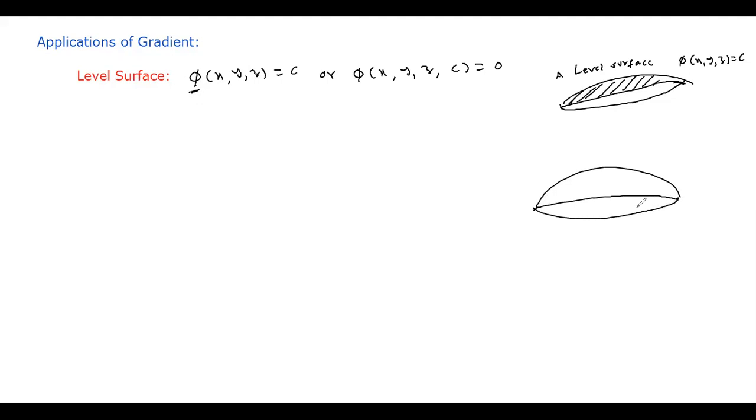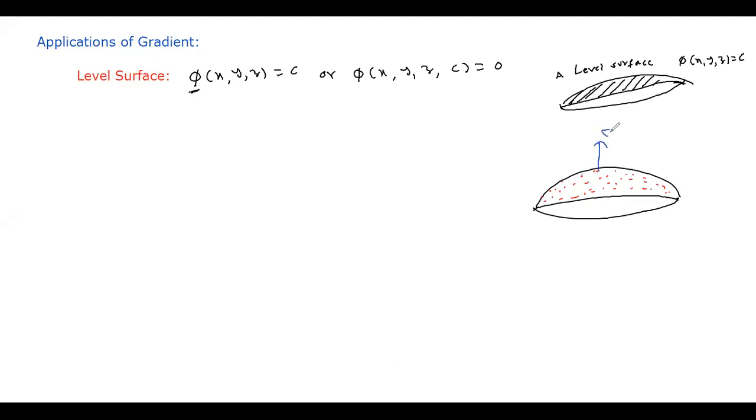There are infinitely many points, so I can find the gradient at any point. Wherever you find it, that gradient always acts like a normal to the surface.